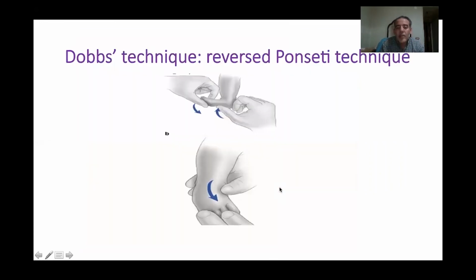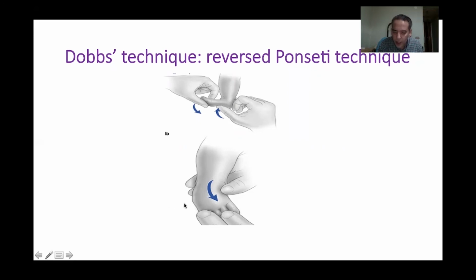As for congenital vertical talus, we use the DOPS technique, which is the reverse of the Ponseti technique. What do we do? You fulcrum on the neck of the talus. Remember, you push the neck dorsally and laterally, and then you hold the calcaneopedal unit from the forefoot, and you push it in one direction. It's displaced in external rotation and dorsiflexion in congenital vertical talus.